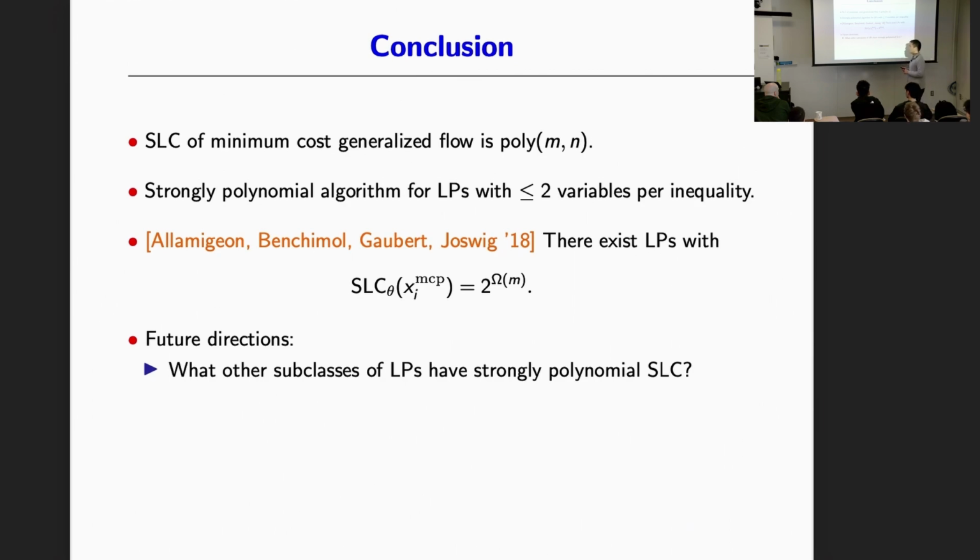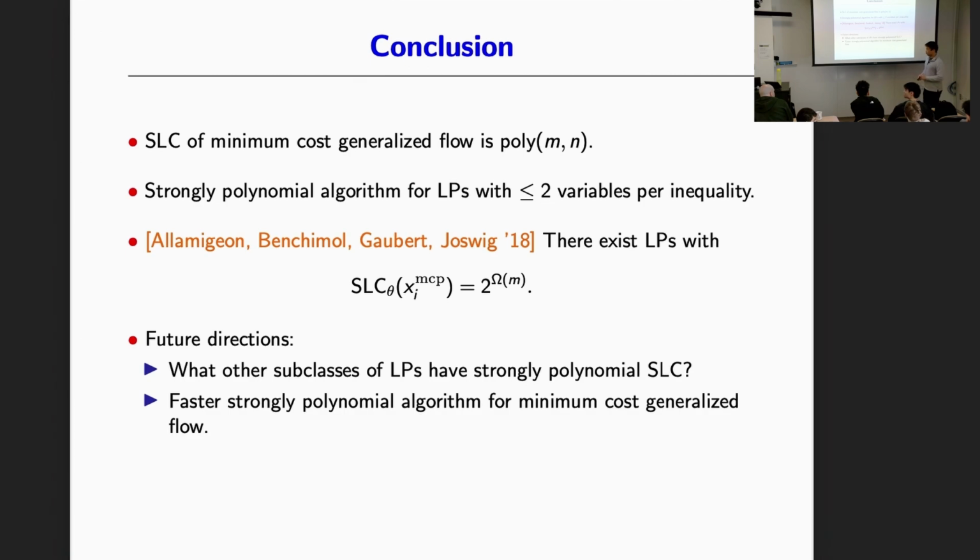So I'll conclude with some future directions. An obvious one is, what other subclasses of LPs have strongly polynomial straight line complexity? We've shown that this is true for LPs with at most 2 non-zeros per row or per column. So now you have to move to 3. In that class, can you identify a meaningful subclass that has strongly polynomial SLC?